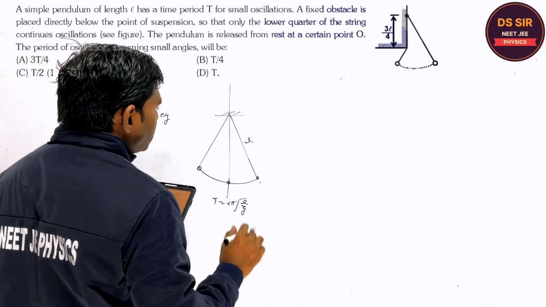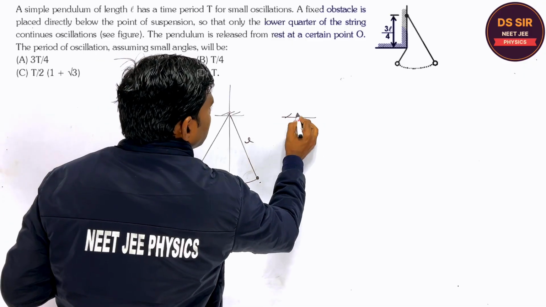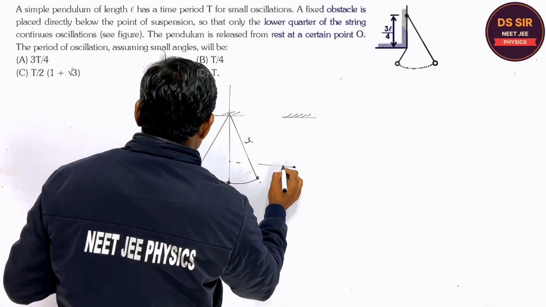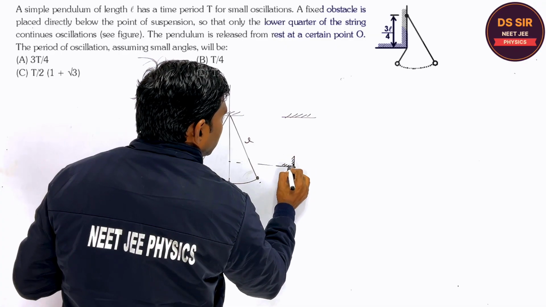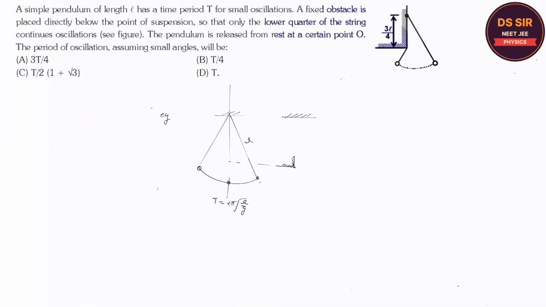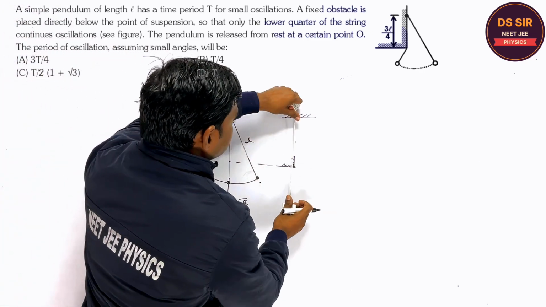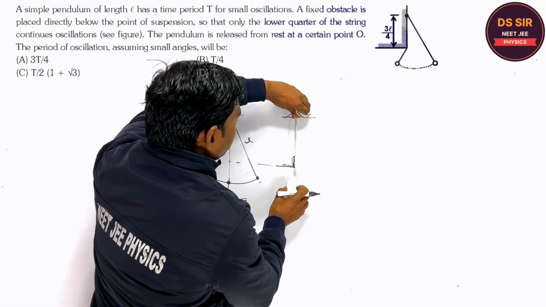Right. Now listen to one thing. Instead of this free oscillation, suppose there is a support over there, like this. Are you getting or not? Consider this is the simple pendulum, like this. Are you getting or not? This is the simple pendulum.